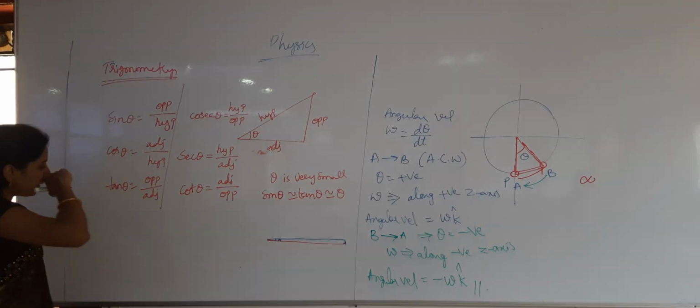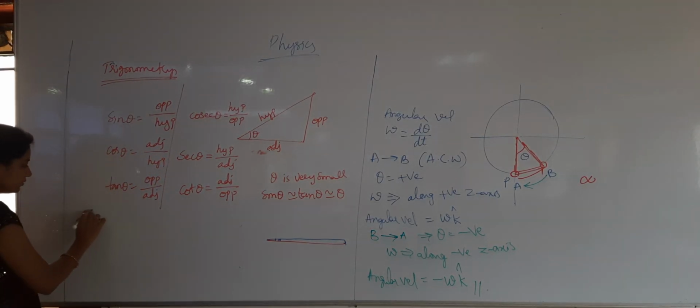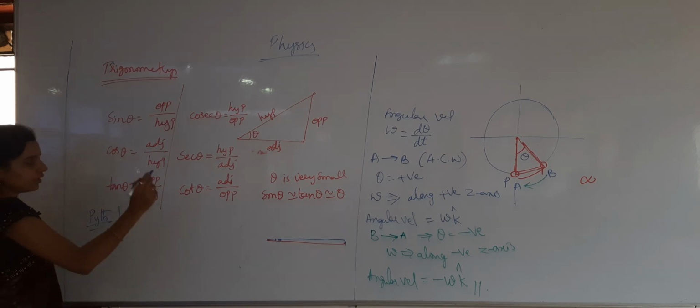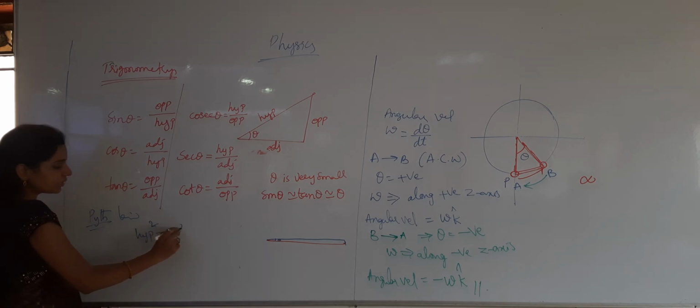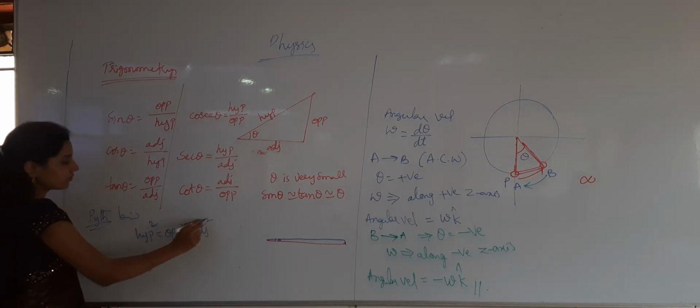Then after that, we already know the Pythagoras law. What is that Pythagoras law? Hypotenuse square is equal to opposite square plus adjacent square.